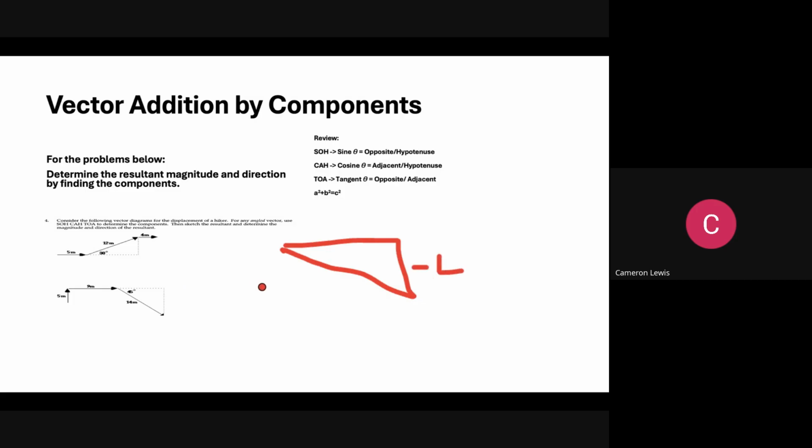Minus 4.9, 18.9, and then we got 19.5. So now we're doing this, right? I'm gonna just do the same thing. I'm gonna do tangent. So find the angle. I kept it negative for a reason.